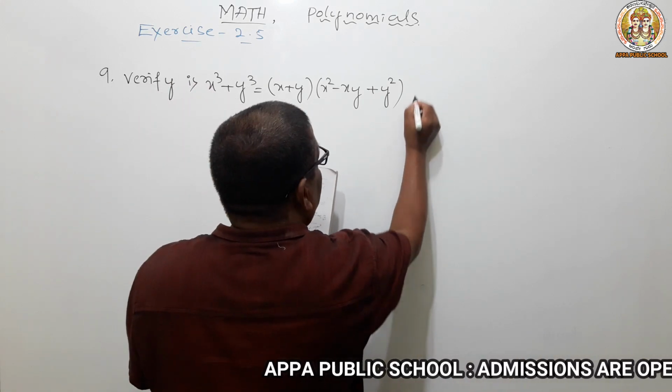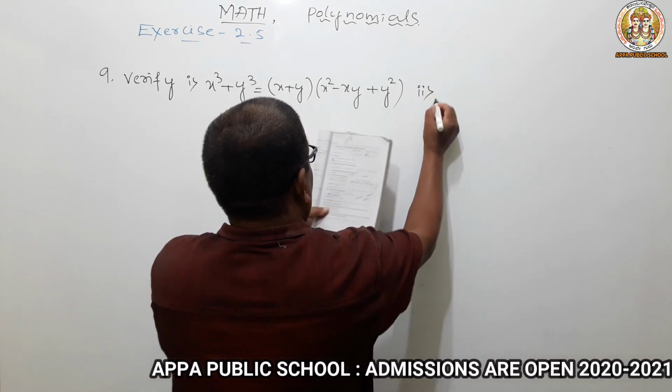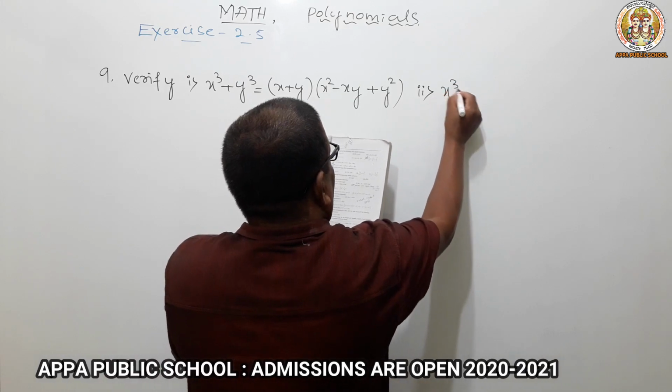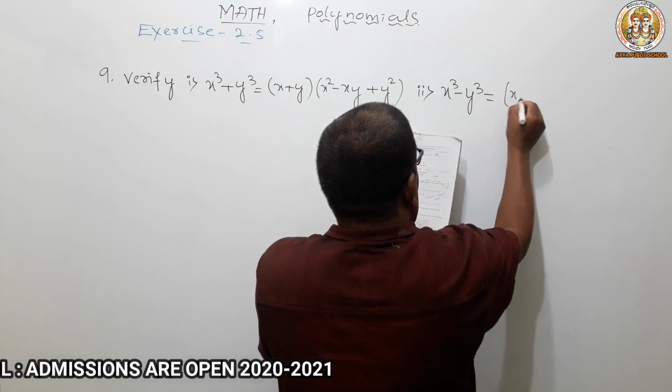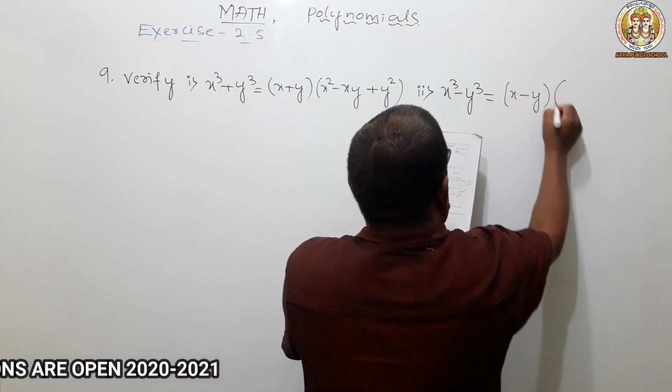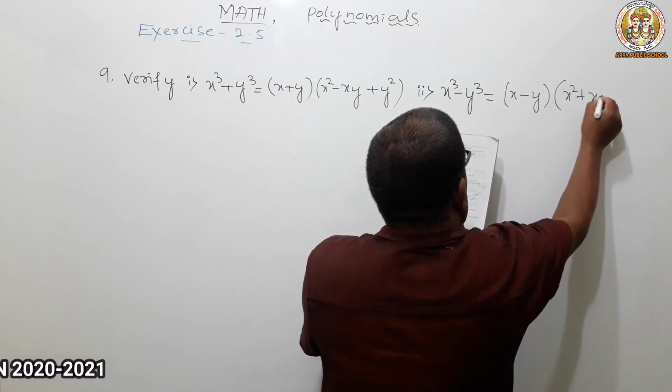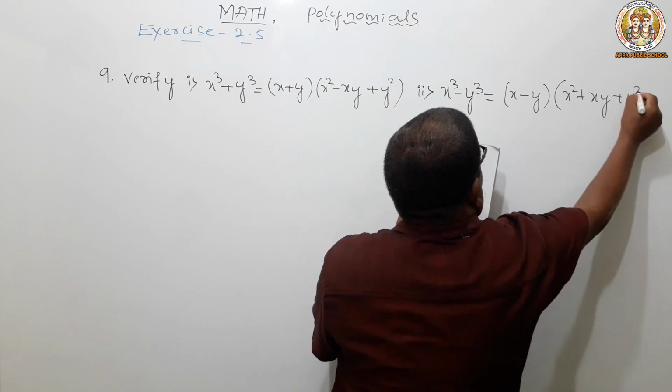Second one: x cube minus y cube is equal to x minus y into x square plus xy plus y square.